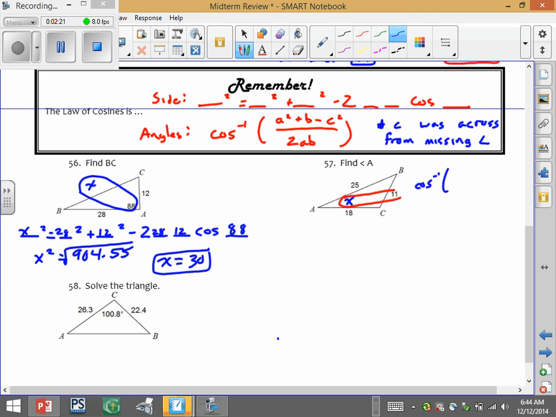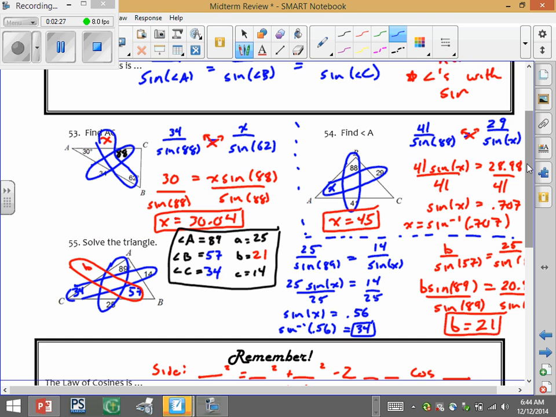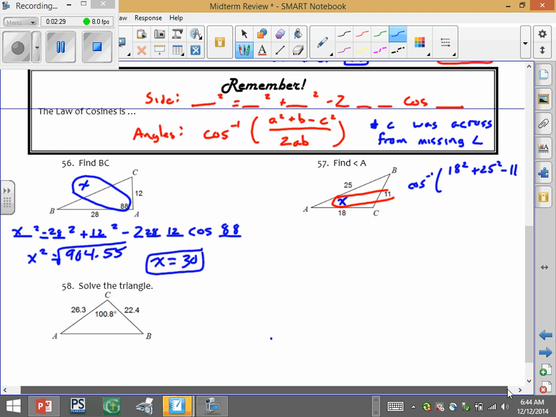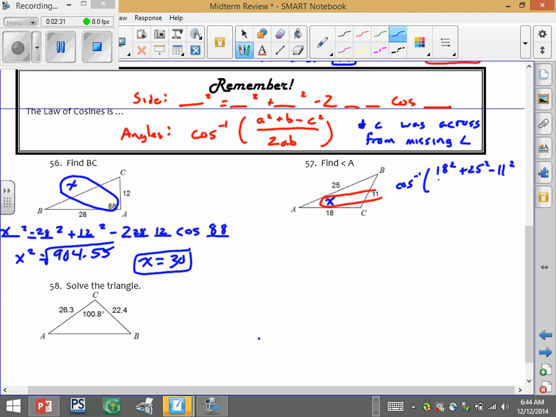That means we put 18 squared plus 25 squared minus 11 squared. Right, 11 is the one that's across from the angle of interest. That's one of the big benefits of circling this: we can always figure out what goes where.